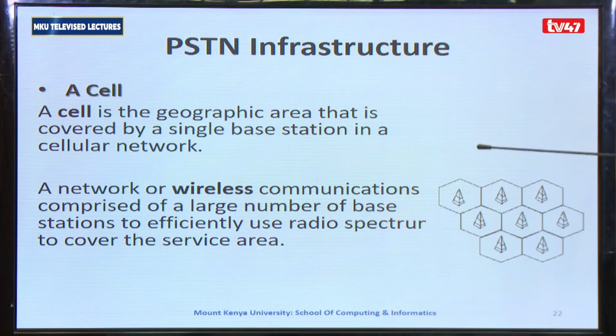Each of the cells is run using a base station, so every geographical location has a base station. So we can say a wireless communication network comprises a large number of base stations to efficiently use the radio spectrum to cover the service area.